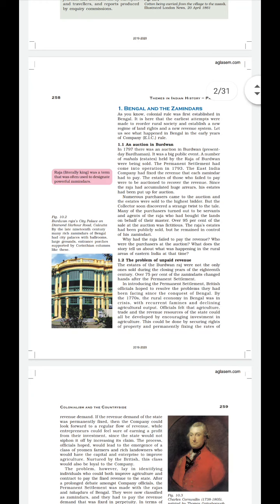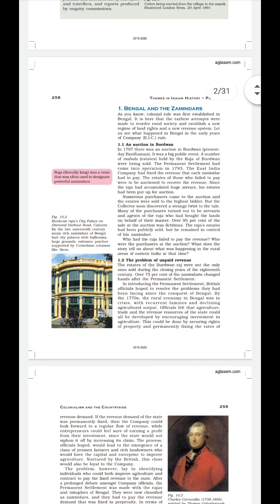Now, next is the problem of unpaid revenue. After the Permanent Settlement, about 75% of the jamindaris were transferred to others, and there were many Jamindars who were unable to pay the revenue to the company. Under such a situation, their property used to be auctioned, and about 75% of such cases were seen during that time. The British officers, after the conquest of Bengal, had hoped that this problem would be solved, but it did not happen.